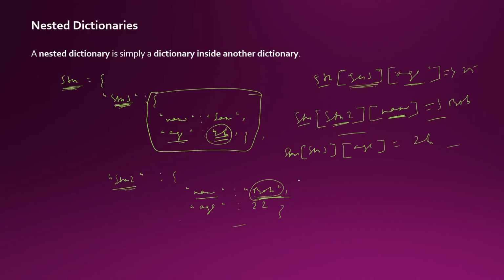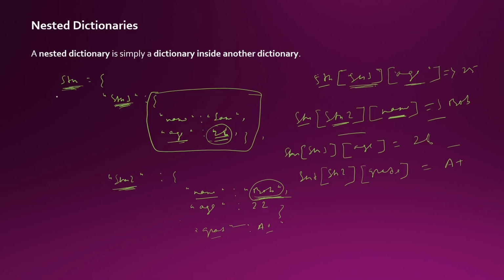In the same way, we can insert a new value. For example, we want to insert a new value, grade, as A plus in my student key. To perform that, we write student, and for the first key I mention student 2, and in the second key I mention the grade which I want to include, that is grade, and here I pass the value, A plus.